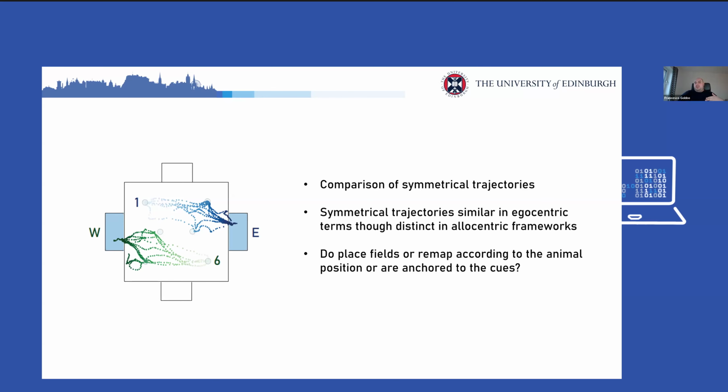In our mind, we thought that if animals were performing egocentrically, symmetrical trajectories would not use the allocentric cues available to them, and the representation of these trajectories would be somewhat similar to each other. At the end of the day, if in their mind they were repeating the same trajectory, there was no reason why they would be dissimilar at the neural level. The reality was the total opposite of that.